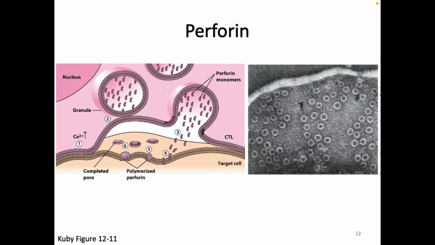That looks a lot like the membrane attack complex and C9, the pore that complement makes. In fact, they are almost indistinguishable. And I always sort of laugh when I look at an immunology textbook because I cannot tell you if this is really complement or perforin. They say it's perforin, but I think sometimes they actually lie. But that's okay, because they look identical. And so it's the same kind of idea. We're poking holes in something to get rid of it.